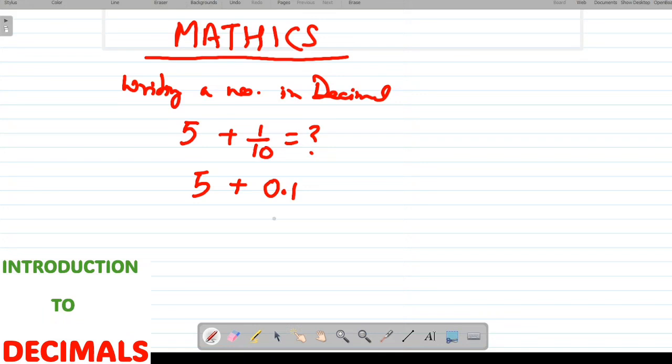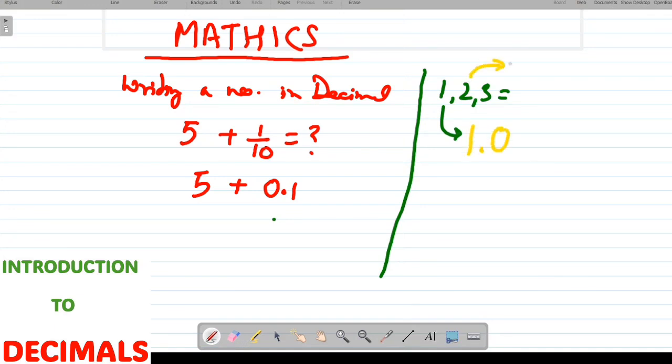For every number, I will just try to capture it over here. If a number 1 is there, 2 is there, 3 is there, in the form of decimal, how can we write 1? 1.0. How can we write 2? 2.0. How can we write 3? 3.0.